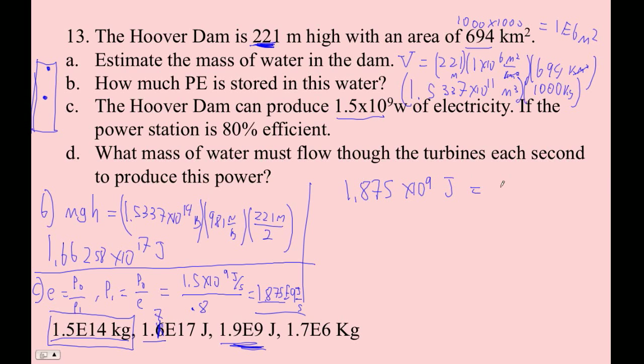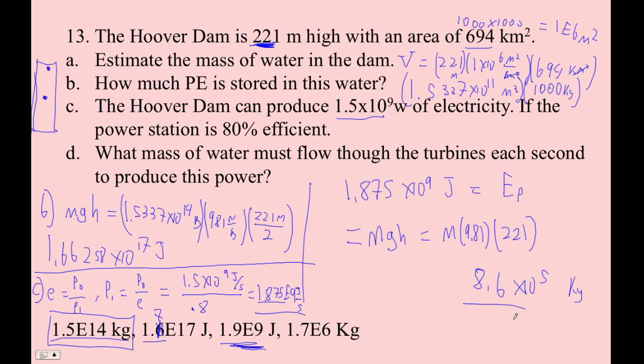That's going to be the energy, and that equals mgh. So that's m times 9.81 times the height, 221. We'll find out quickly if I've got the right answer. I'm going to divide this answer by 9.81, and then divide by 221, and I get 8.6 times 10 to the 5th kilograms.